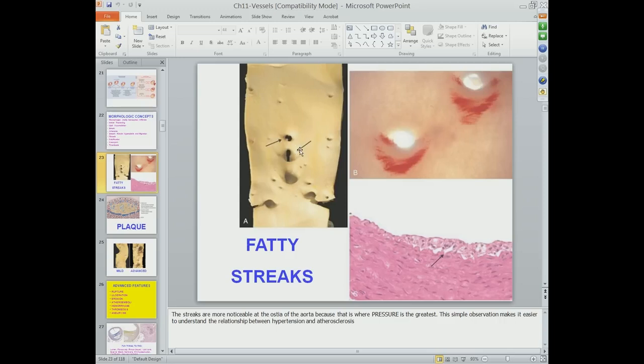Well, if you were a little man with a pressure meter, for some physiologic reason, the part of the aorta which has the brunt of the pressure is the opening of the large arteries. So that's the area where you're first likely to see streaks and plaque.